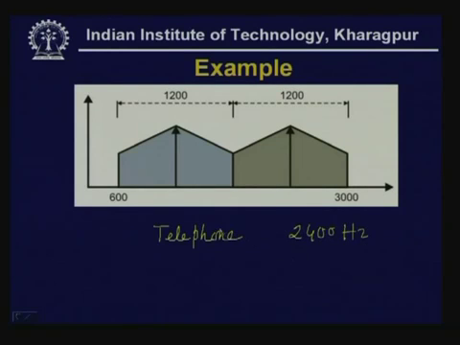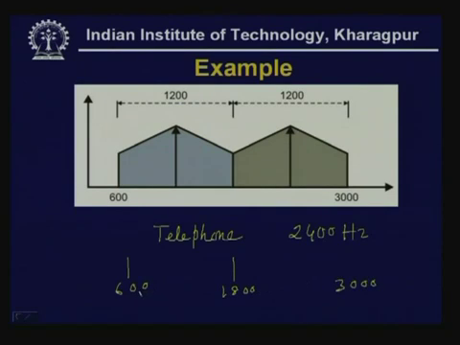Now, even this small bandwidth can be shared for data communication in two directions, as it is shown in this diagram. The first part, 600 to 1800, that means up to 1200, and then 1800 to 3000.